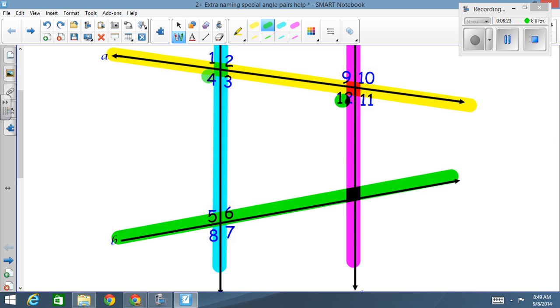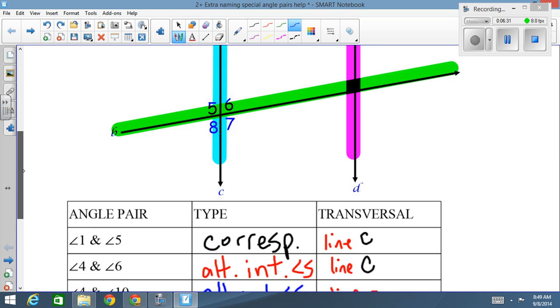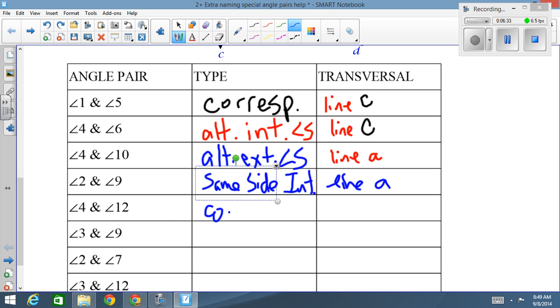No. Are they both on the exterior? No. One's on the interior, one's on the exterior, so these have to be corresponding. So these are corresponding, and we were still on line A as the transversal.